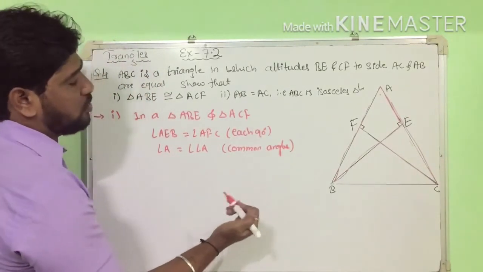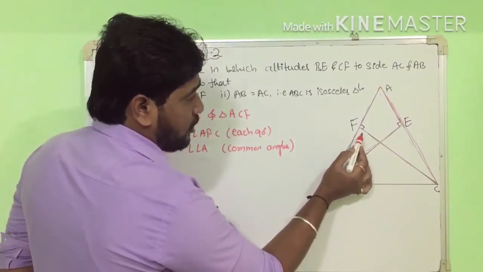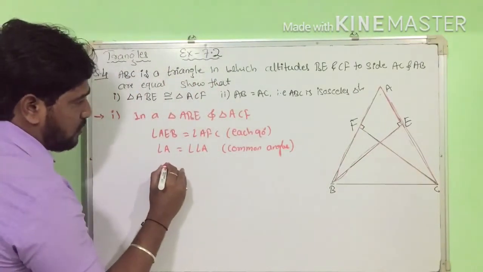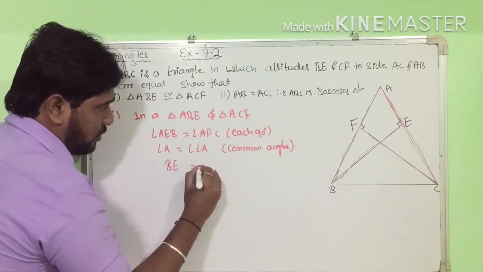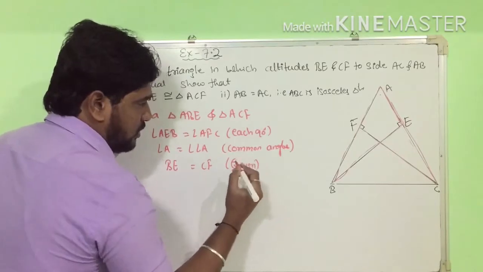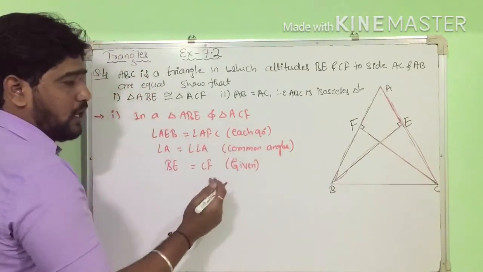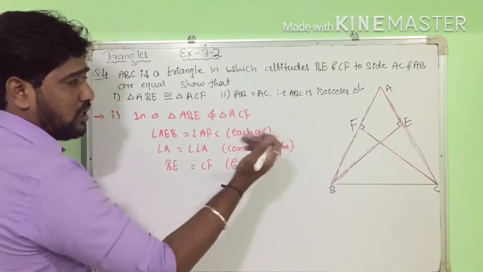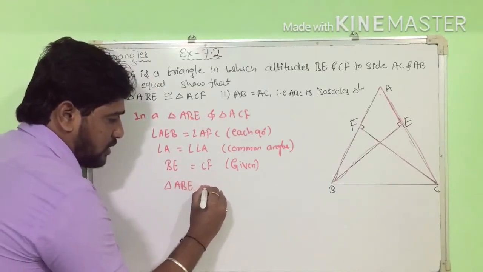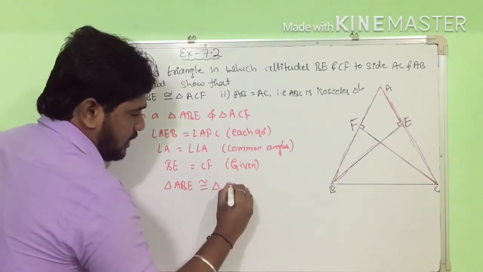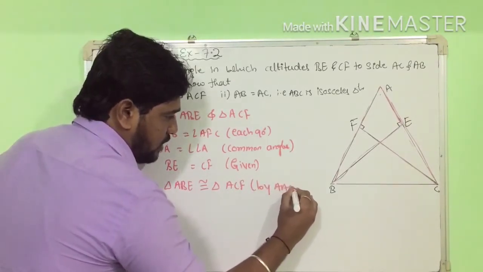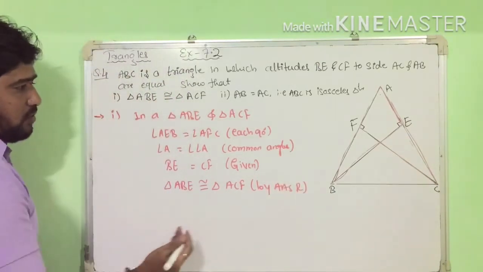And also they have given that the altitudes are equal. It means BE is equal to CF, given. So in these two triangles, a pair of two angles and one side are equal. It means the two triangles are congruent. So triangle ABE is congruent to triangle ACF by the AAS, angle angle side rule. So first one proved.